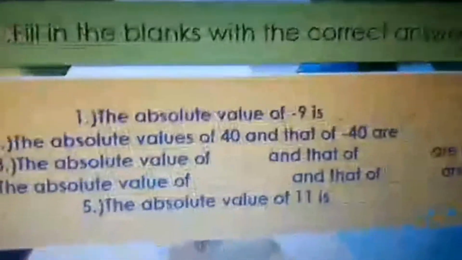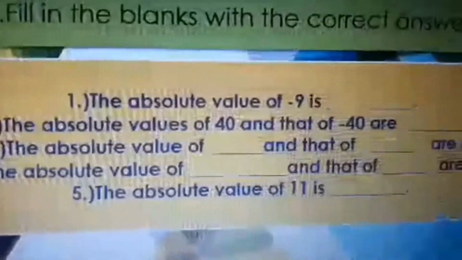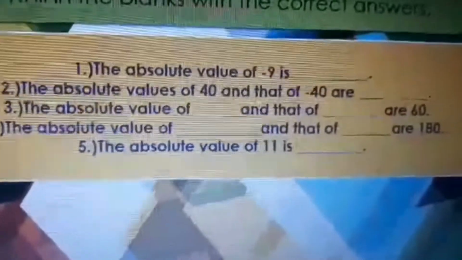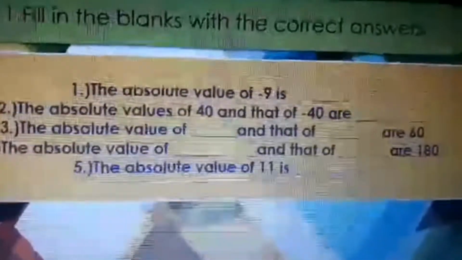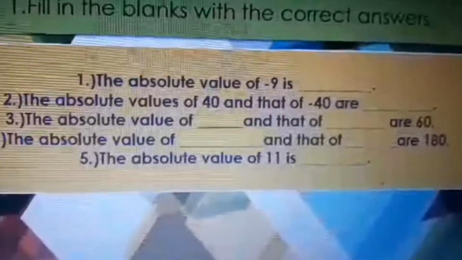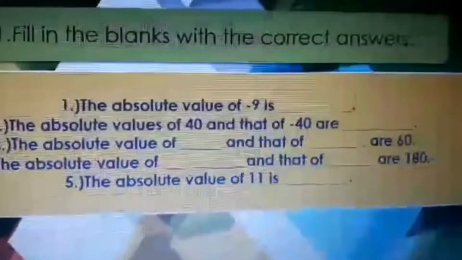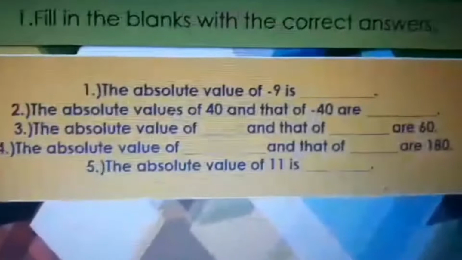For number 1, the absolute value of negative 9 is equal to 9. The absolute value of 40 and that of negative 40 are positive 40. We have the absolute value of negative 60 and that of positive 60 are 60.